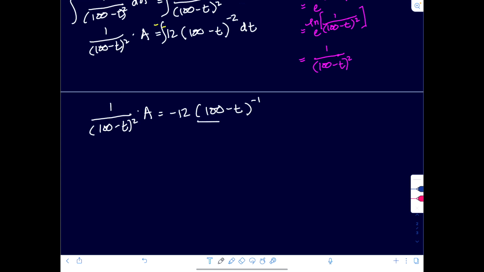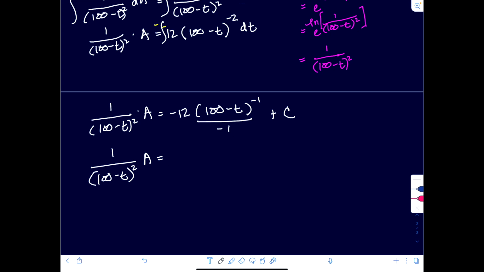So continuing to simplify, we'll have 1 over 100 minus t quantity squared times A equals, the 12 now will be positive, and we'll have it over 100 minus t plus c.